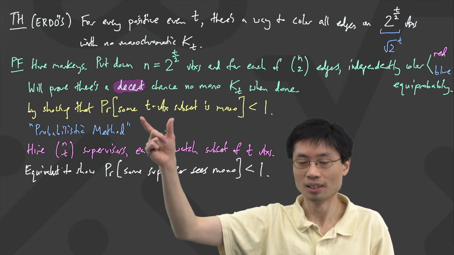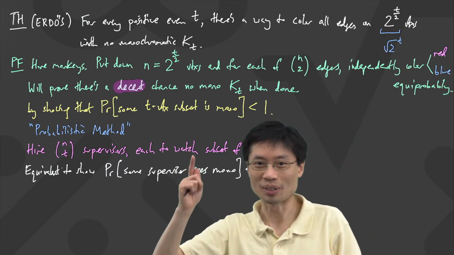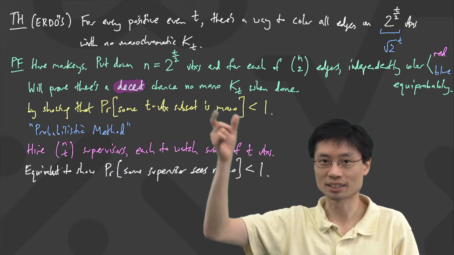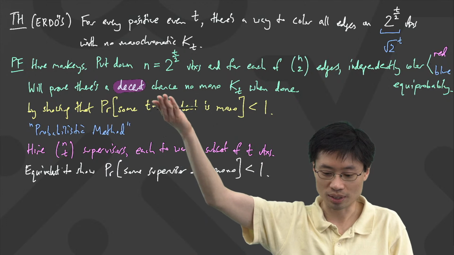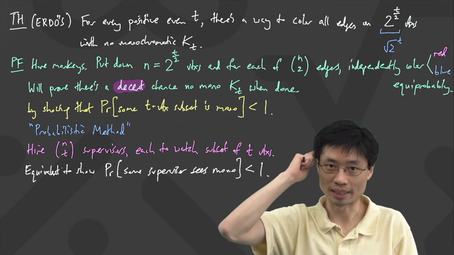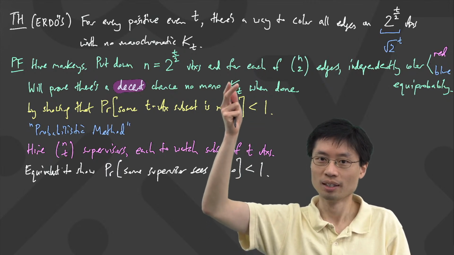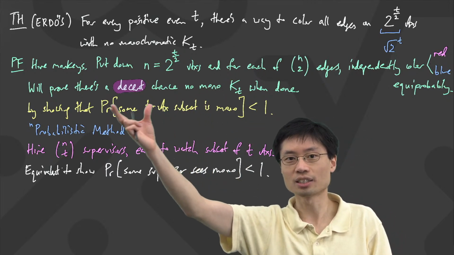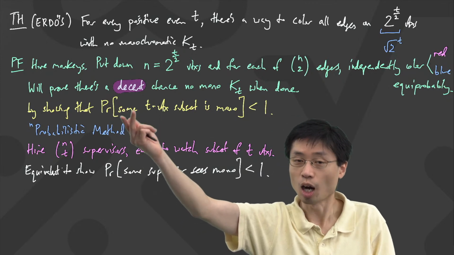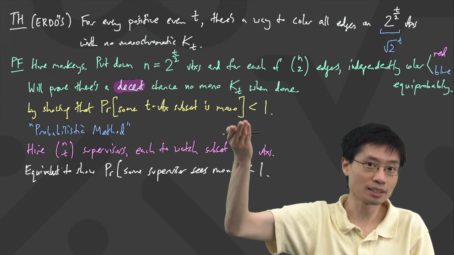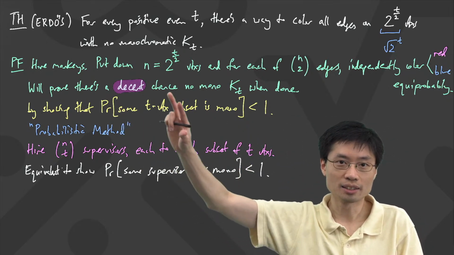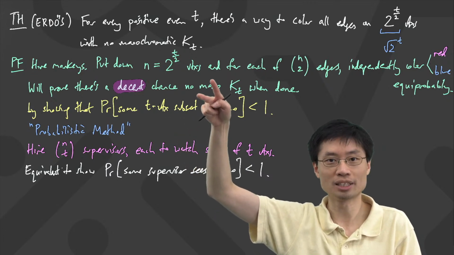Okay, that makes sense. Thank you so much for asking, because that shows that I jumped too fast. So over here, I want to show that there's no monochromatic, but it's hard to estimate that probability of no something. So I flip it around and I say, let's show that the probability of the opposite, which is that there is something, is less than 1. And these two probabilities are complementary. They add up to 1.